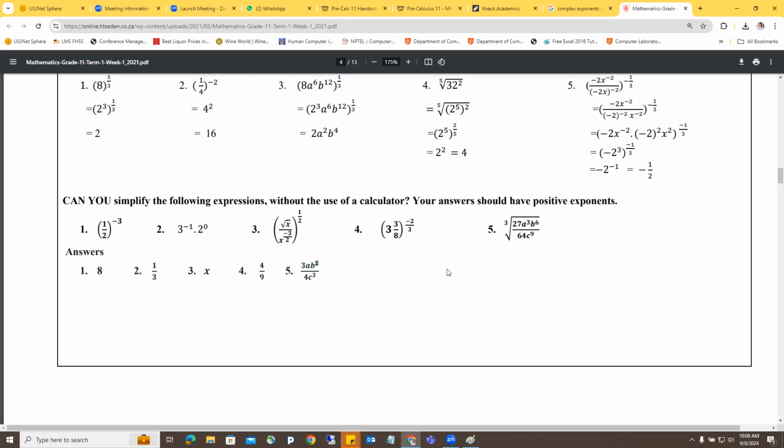The answer is x. For the third one, yes, the third one is x.